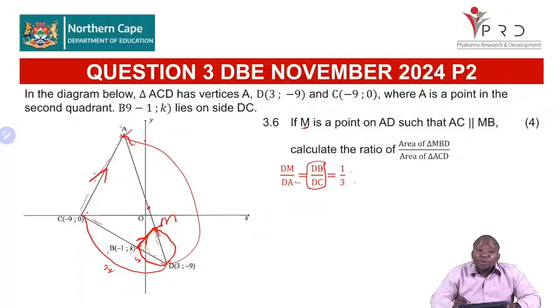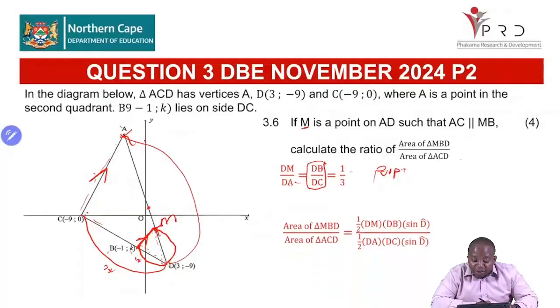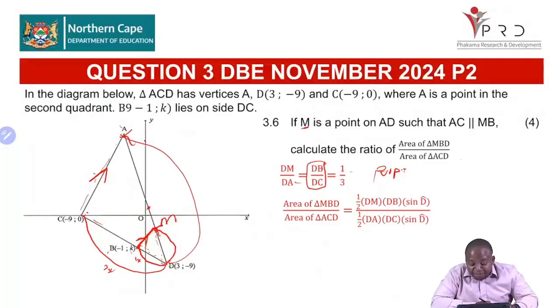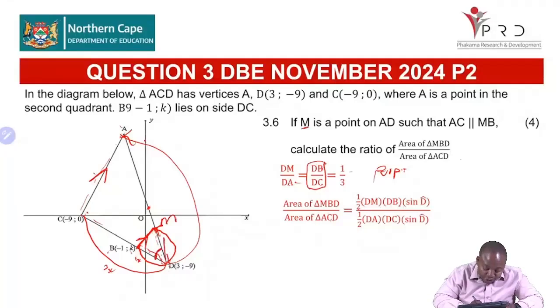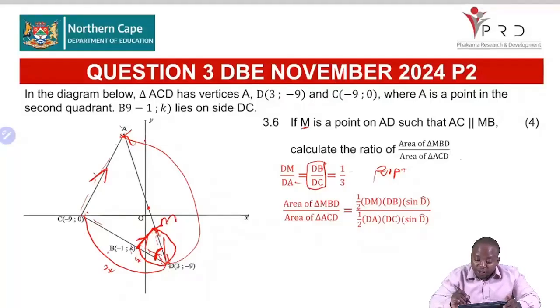So this is analytical geometry. You don't need to write down the reasons, but here it was according to proportionality, so we're going to use that proportionality theorem. We can now see that the area of triangle MBD over ACD is equal to 1 over 2 DM times DB times the sine of D. So we are using that angle D to work with those areas.